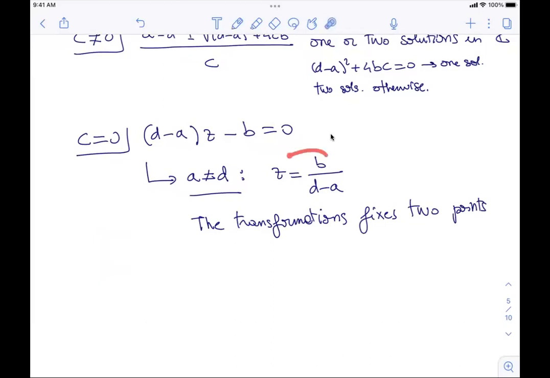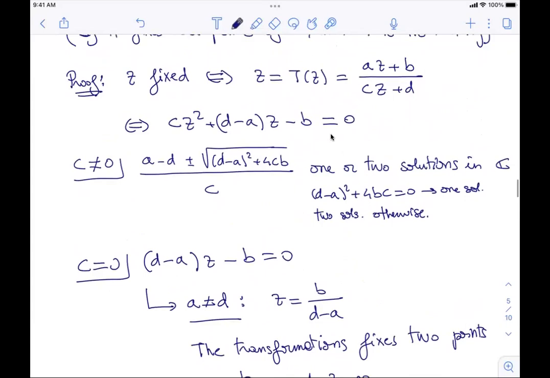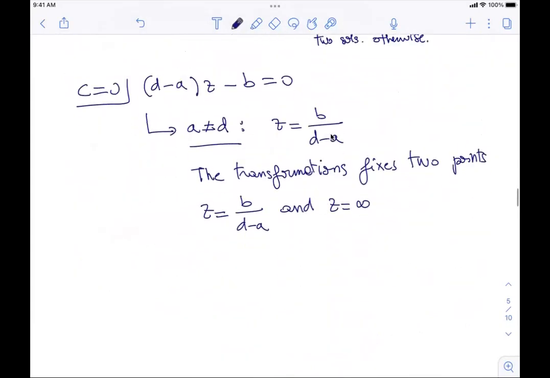You could say, hey, but you just found one. What is the second point? The point at infinity. Okay, how come? How is that? See, T(z) equals (az + b)/(cz + d).